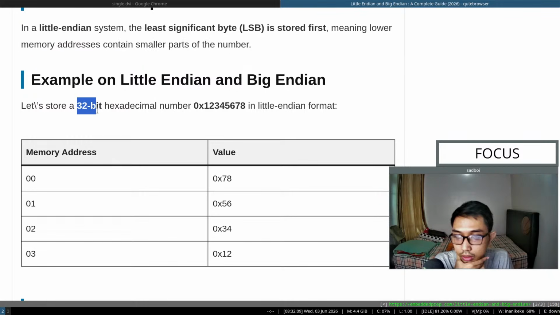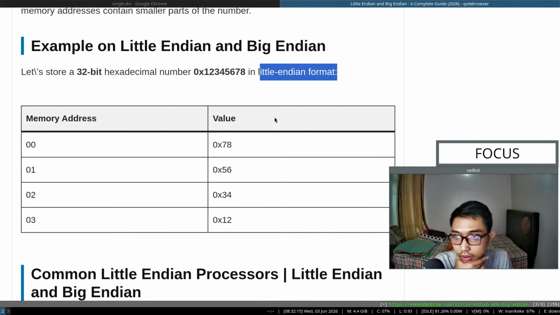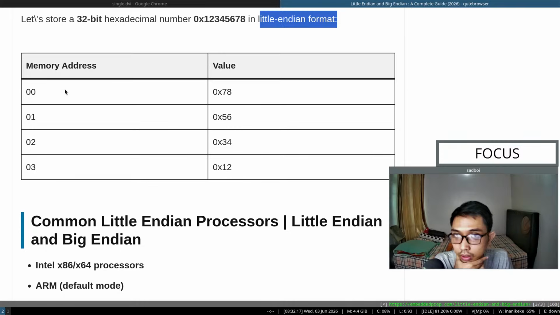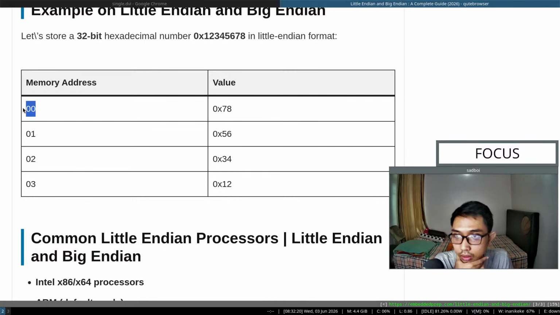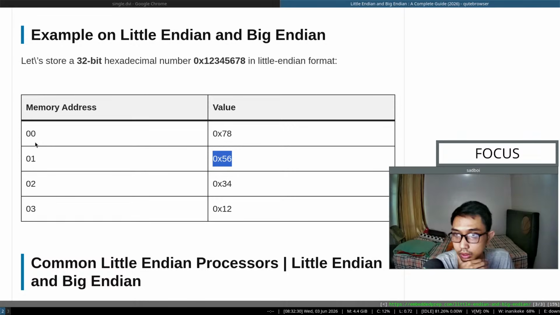Let's store a 32-bit hexadecimal number, okay, in little endian format. Oh, wait a minute.